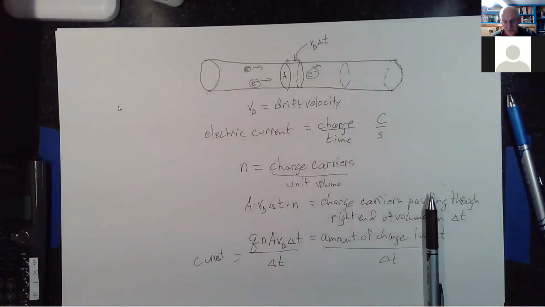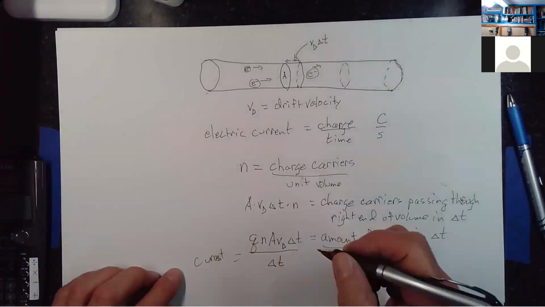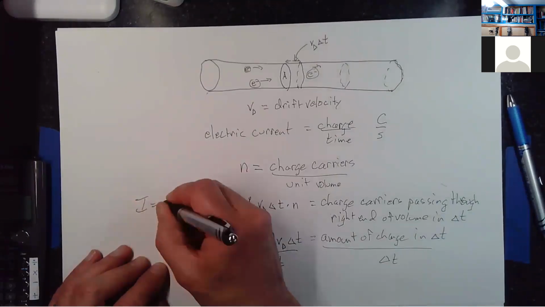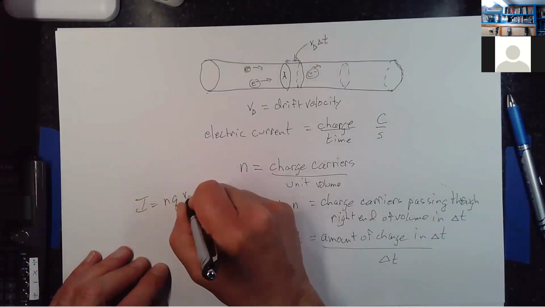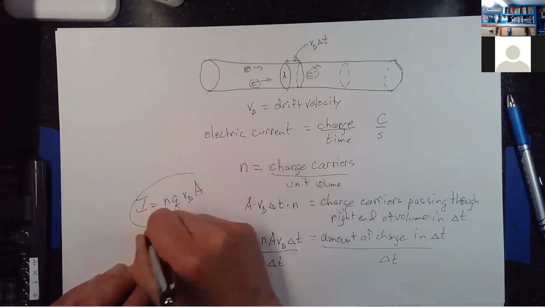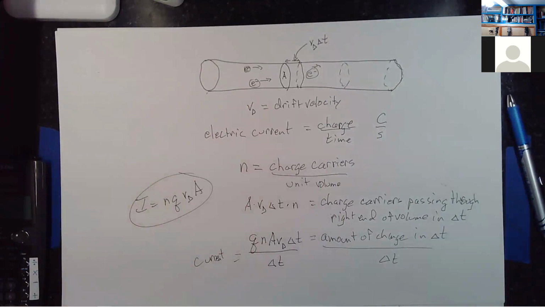If I look at the first page of my notes, I might have it there. Yeah, that's right. Current is equal to N Q V sub D times A. So we're good to go there.